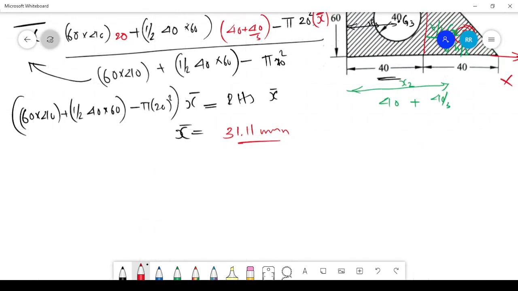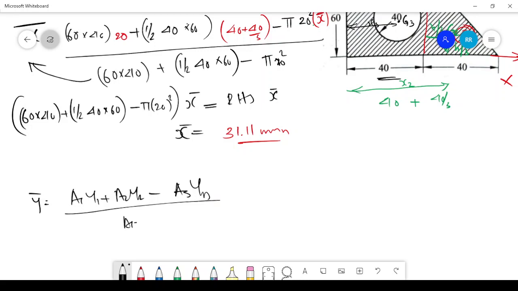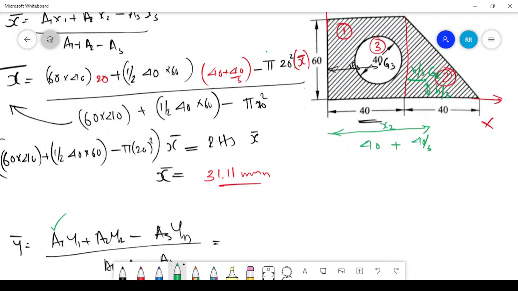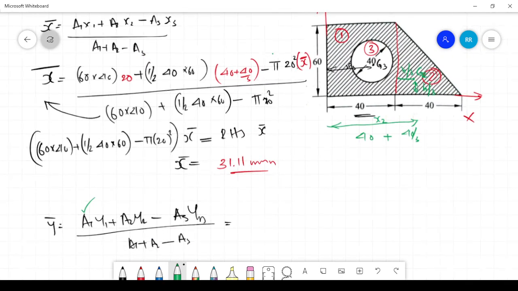And in the case of y bar also the same theory is applicable. That means y bar equal to a1 y1 plus a2 y2 minus a3 y3 divided by a1 plus a2 minus a3. Okay, a1 will be the area of the rectangle, the first area. y1 means the y distance, that means the vertical distance to the centroid of the rectangle.